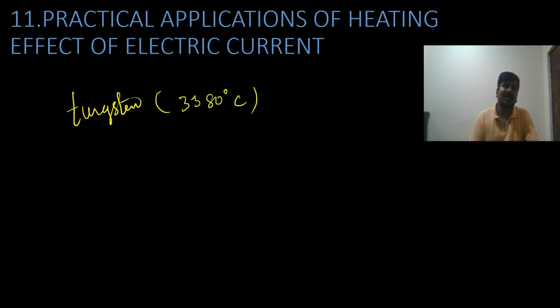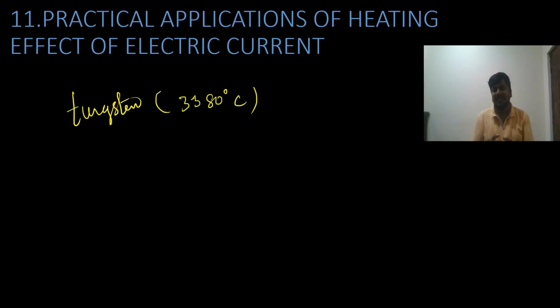So here you can see the electrical oven, electrical kettle, electrical iron. These are all examples, practical applications of the heating effect of electric current. These are examples we can consider in daily life.